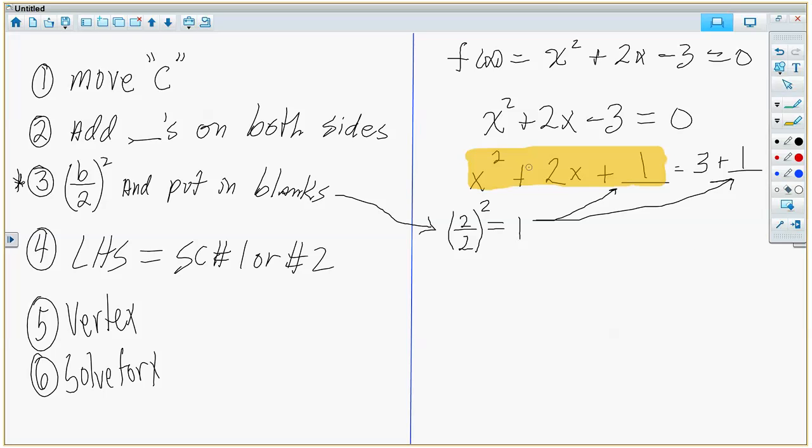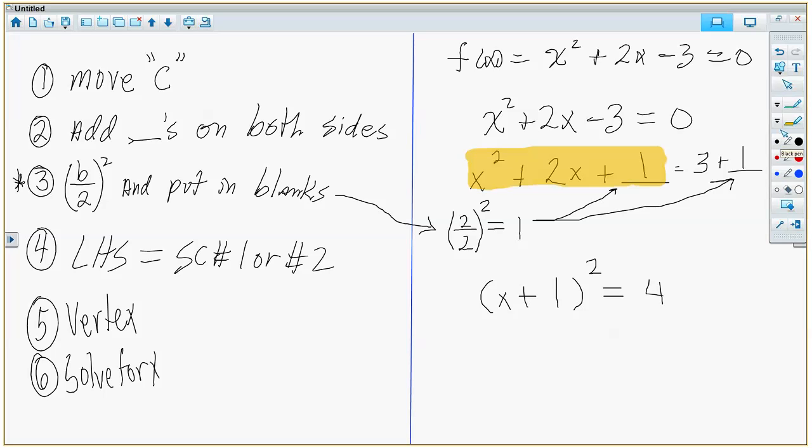So, shortcut number 1. So that gives me x plus 1 quantity squared is equal to what? A times x plus h, quantity squared, plus k. Bring that over, it'd be minus 4. But at this point, I want to show you an easier way to find the vertex.